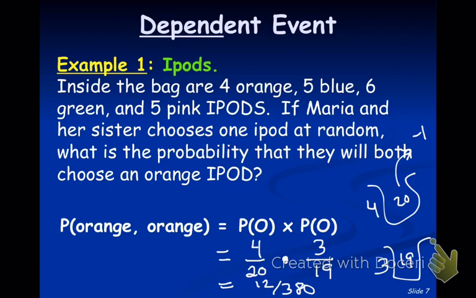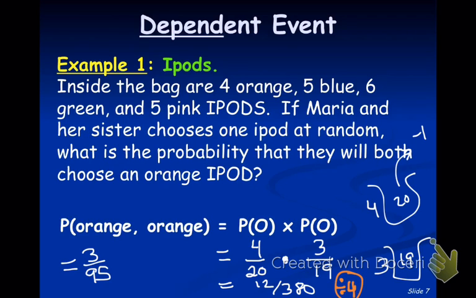This will be reduced by dividing by 4. I'm going to write the final answer on the side because I ran out of room. So it equals 3 over 95, which is my final answer.